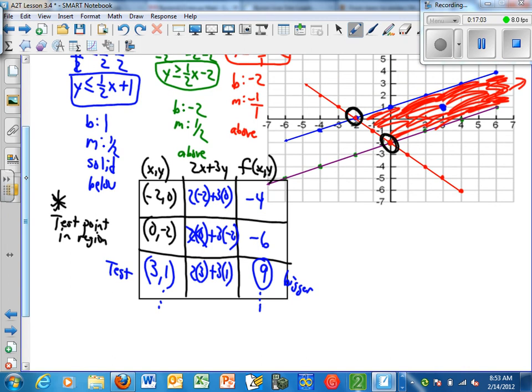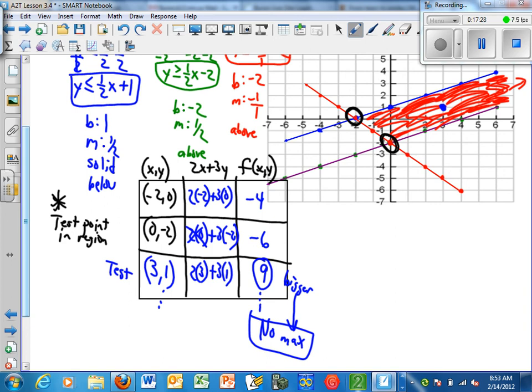If I keep picking points out in there, that's going to keep getting bigger. So, you're going to get numbers bigger than 9. That means as that keeps getting bigger, as you go down and pick more points out in there, this has no maximum value. This has no max, and you have to state that. So if they say find the max and min, this has no max, and that comes from looking at your test point and comparing it to your other values.